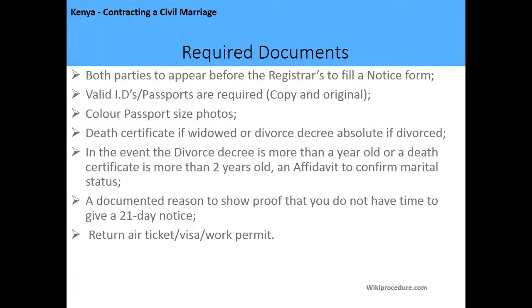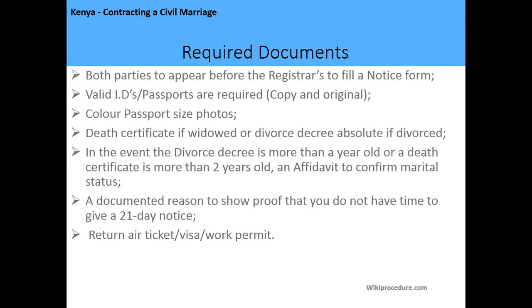The required documents. First of all, both parties should appear before the registrar's office or registrars of marriage office to fill a notice form. You are also required to produce your valid national identification cards or passports, original and photocopies. You also need to produce a colored passport size photograph.